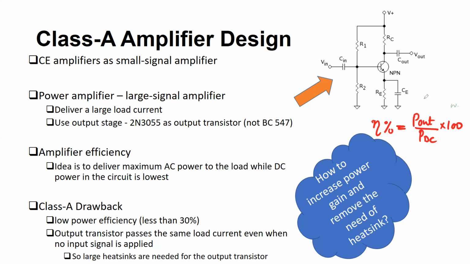So it will be 30% efficiency. The idea in amplifier efficiency is to deliver the maximum AC power to the load, while the DC power in the circuit has to be kept as low as possible. You have to enhance the power delivered to the load, and you have to reduce the power dissipation in the circuit.